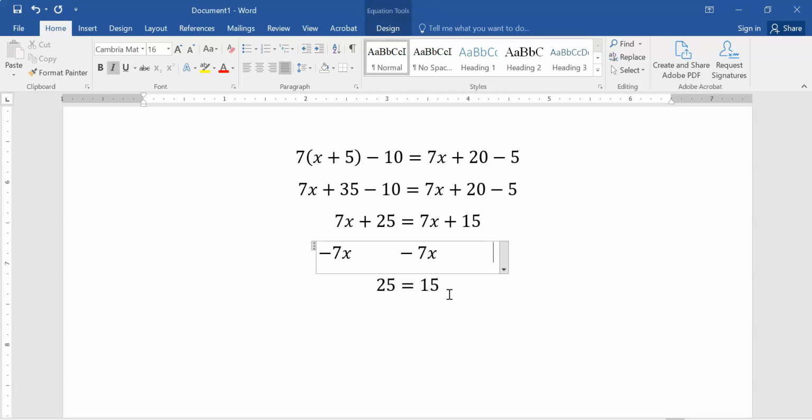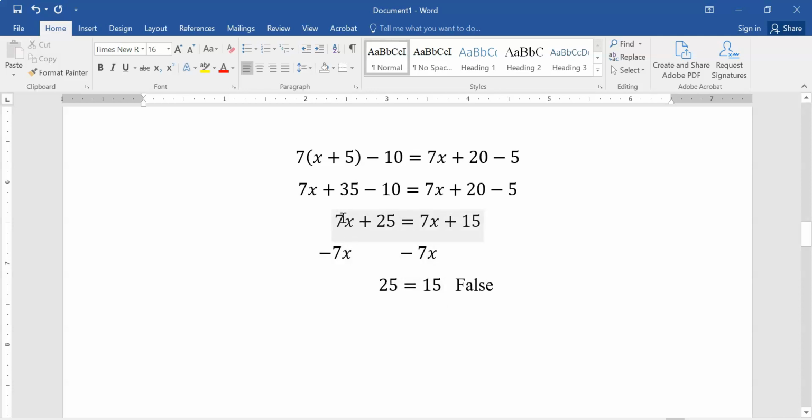I hope we're all smart enough to know that. 25 and 15, using the real number system, that always has to be a false statement. All right, so let me write just that behind this. So that is false.